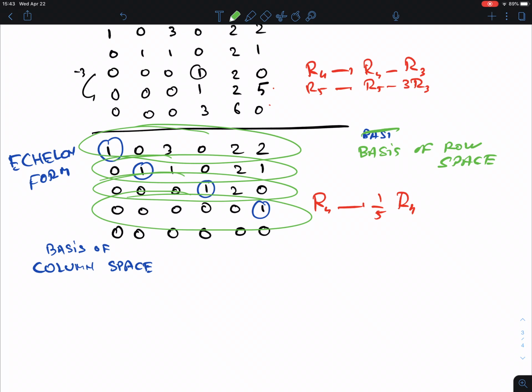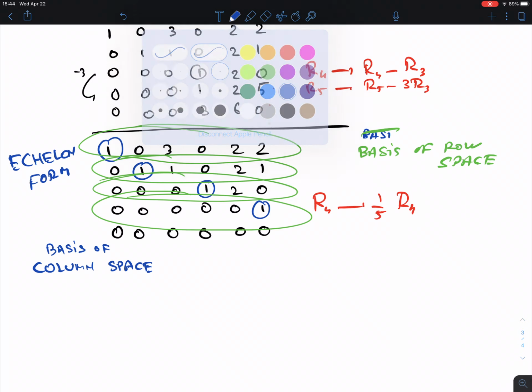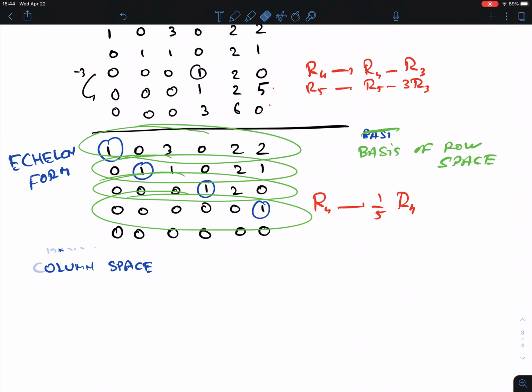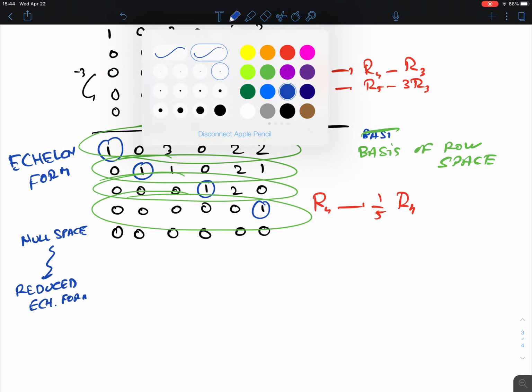Okay. So now we need to go to the null space. Let me get rid of this here, okay? So null space, and for that, as I just told you, we have to go to the reduced echelon form. Okay, so what are we dealing with here?